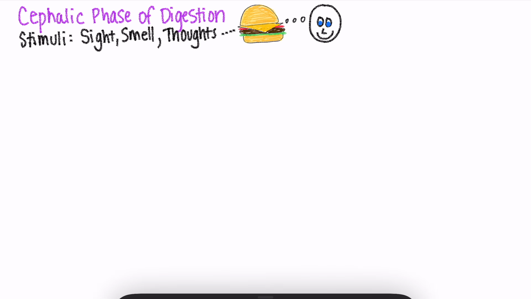And then what happens is our parasympathetic nervous system kicks in and sends signals down the vagus nerves. The vagus, or cranial nerve number 10, is known as the wanderer.